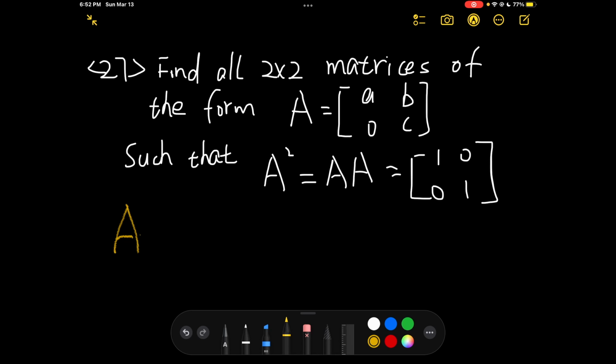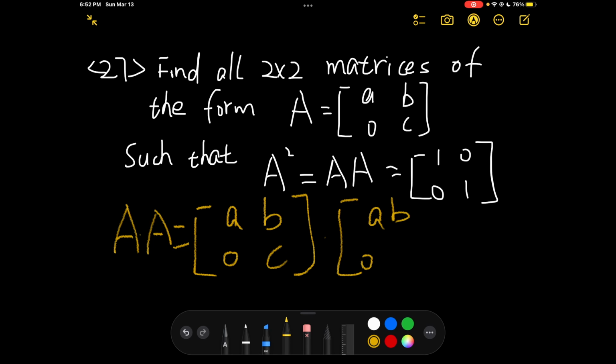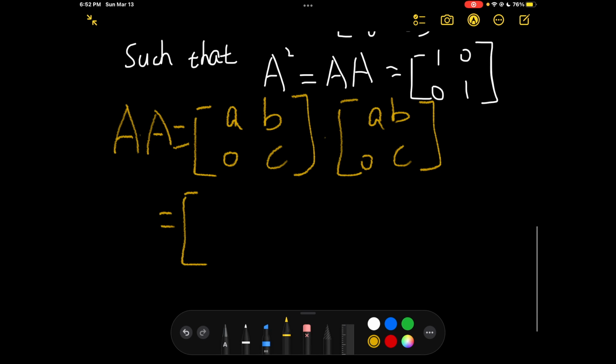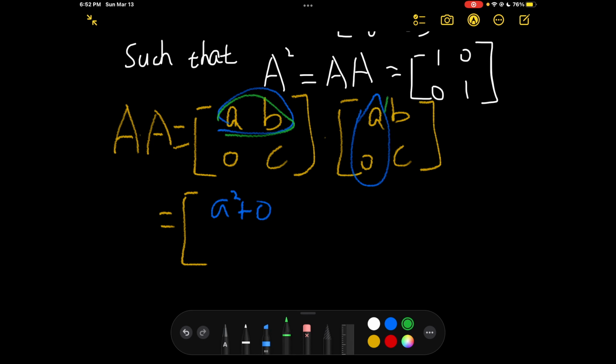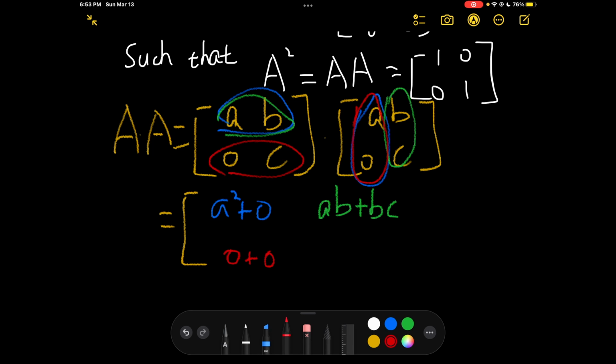So A times A equals [a b; 0 c] times [a b; 0 c], which gives us a squared plus 0 for this entry, then ab plus bc, then 0 plus 0, and at last 0 plus c squared, which needs to match the identity matrix.